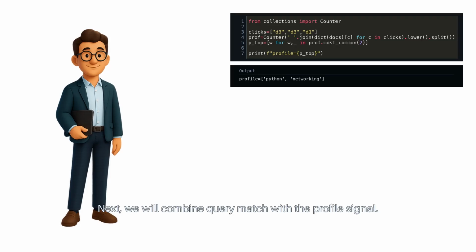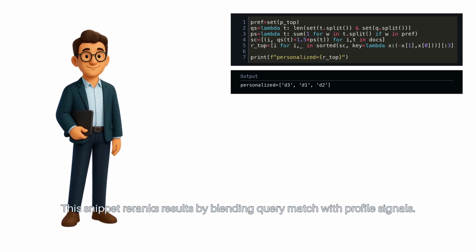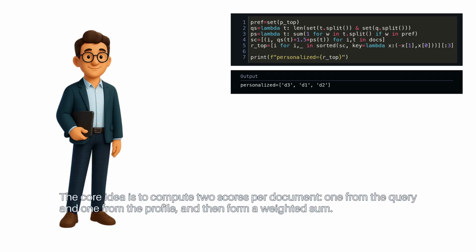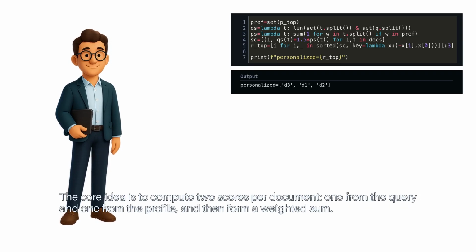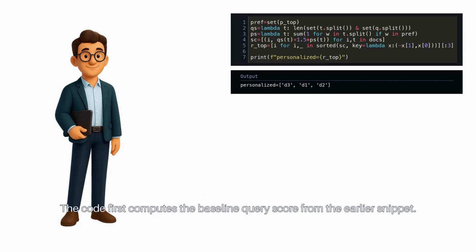Next, we will combine query match with the profile signal. This snippet re-ranks results by blending query match with profile signals. The core idea is to compute 2 scores per document, one from the query and one from the profile, and then form a weighted sum. The code first computes the baseline query score from the earlier snippet.